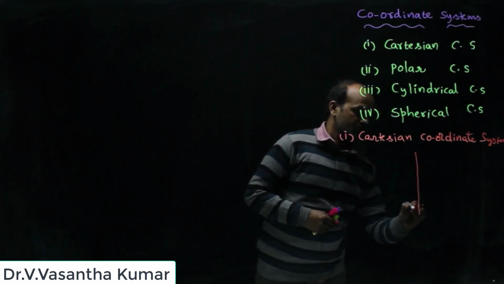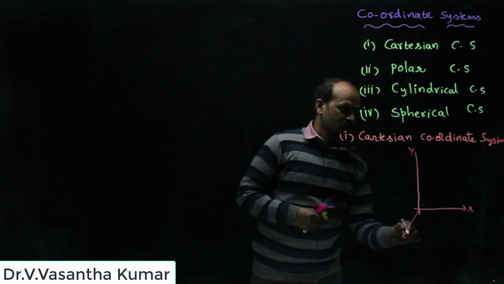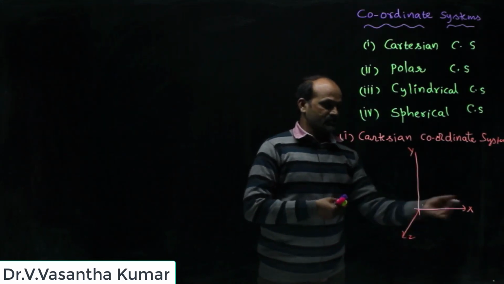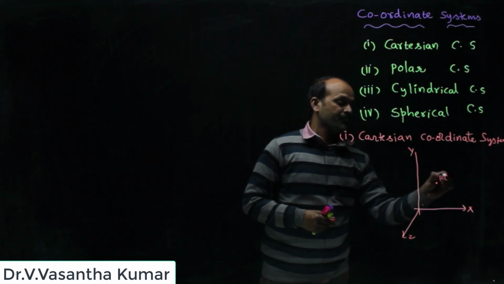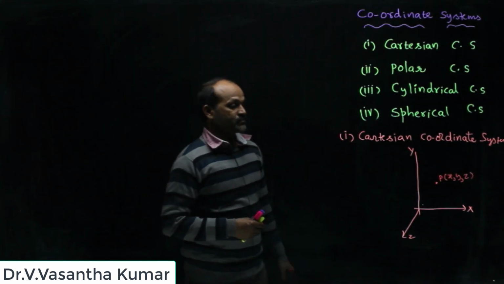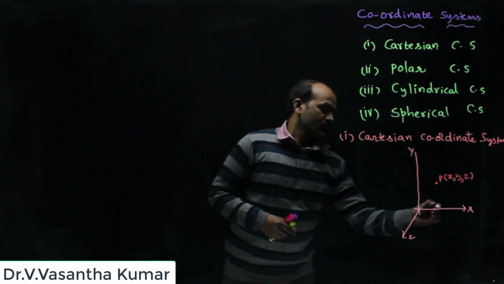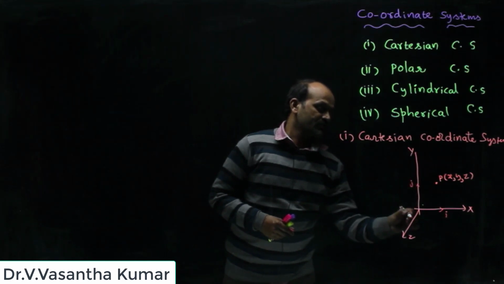In the Cartesian coordinate system we generally use x axis, y axis, z axis. If you want to represent any point P in space, its coordinates become x, y, z. If you want to write the vector notation for that, generally i, j, k are the unit vectors we take along the axes.